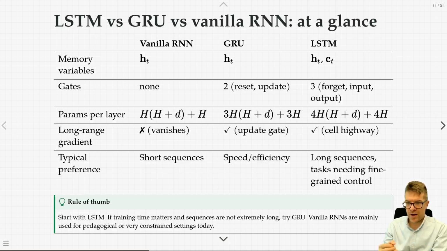But a GRU and an LSTM will be able to have long-term information through explicitly learning to keep and update particular information. So in general, vanilla RNNs can still be useful for short sequences. Generally, LSTMs might be helpful for long sequences or tasks that require fine-grained control with regards to information control. But GRUs might have that same benefit but at greater efficiency compared to an LSTM.